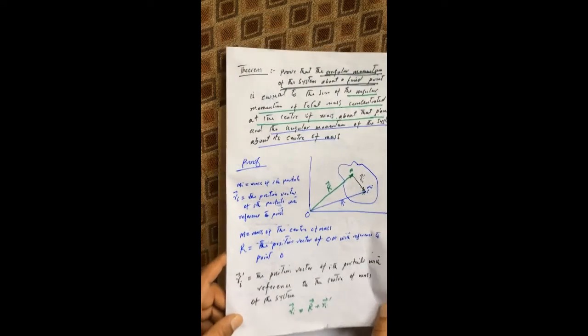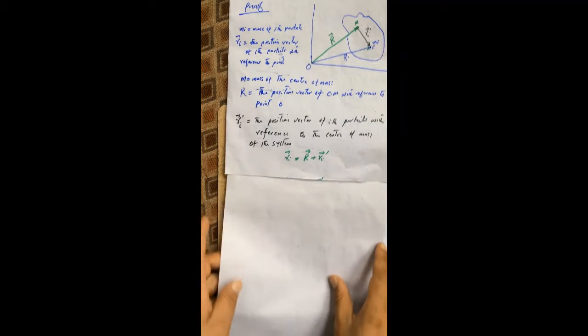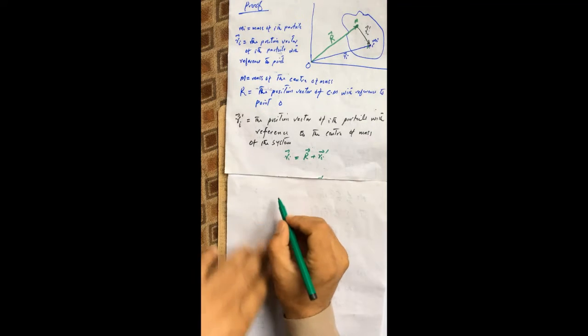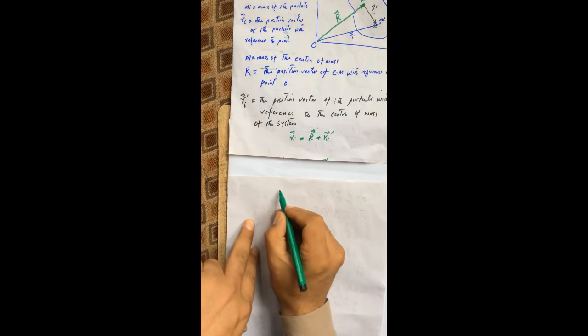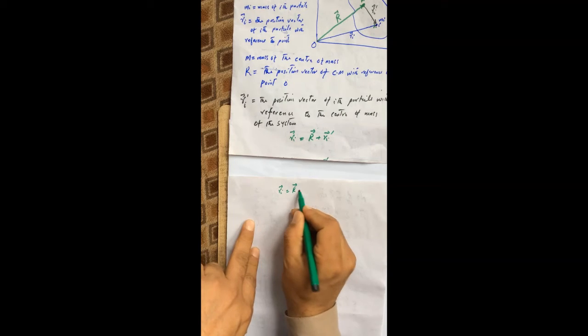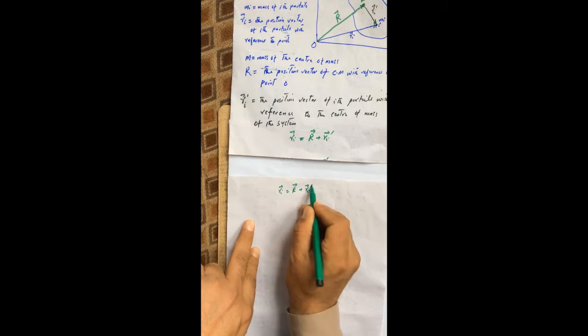Or I can write it just like this: Ri is equal to R plus Ri prime.